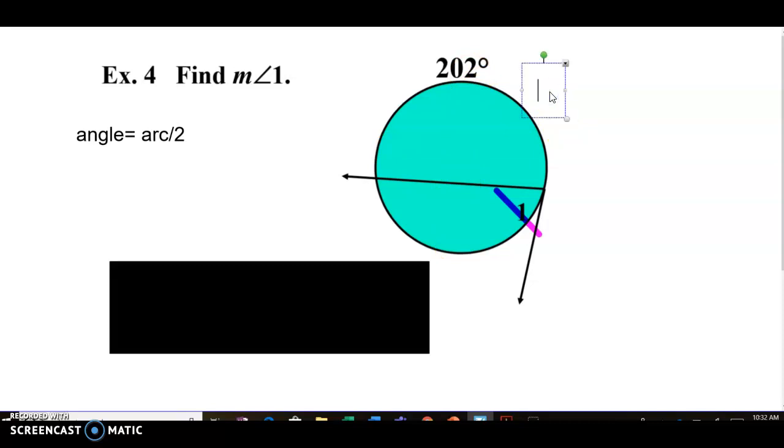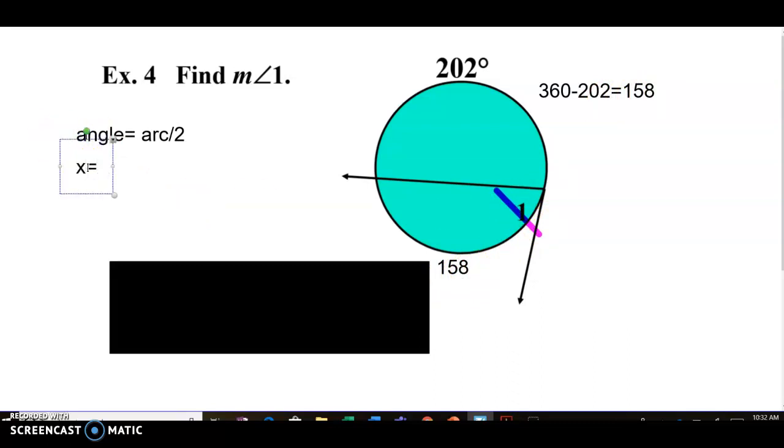So to find it, I just need to do 360 minus 202, and that will give me the missing arc that I need in order to find my angle, which is going to be 158. So I'm going to type in 158. The reason I did that is because I know the total circle is 360 degrees, and it's divided up into two parts. Now I have the arc that I need to find my missing angle.